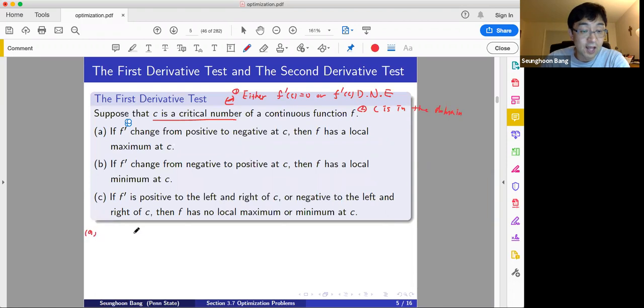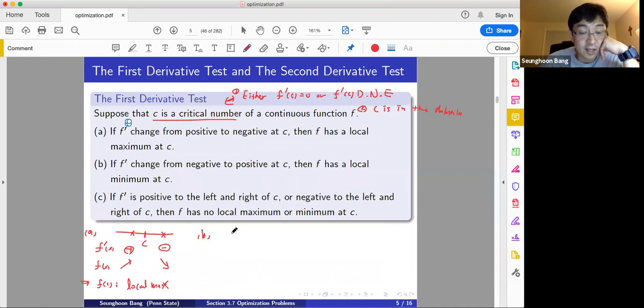To check a critical number, you can draw a real line for the domain, mark c, and check f prime of x. In the first case, for x less than c we have positive, and for x greater than c we have negative. What does it mean? The function f of x is increasing, then decreasing, so f of c is a local maximum.